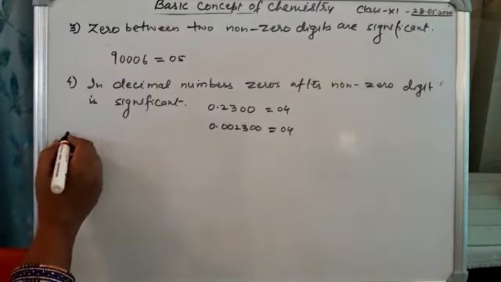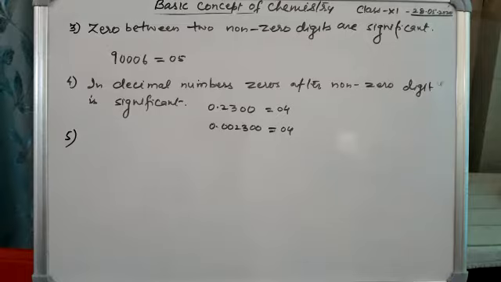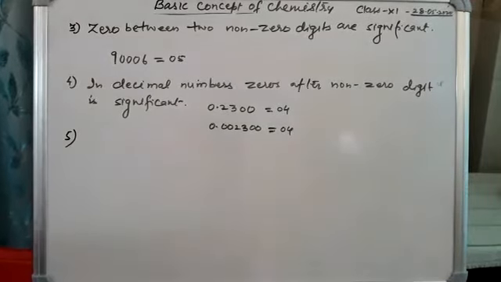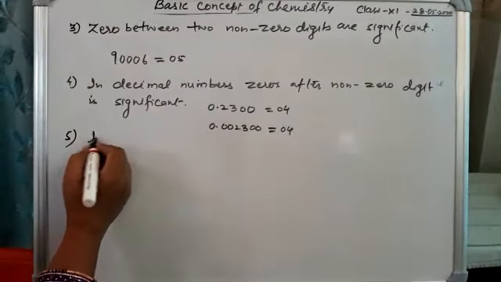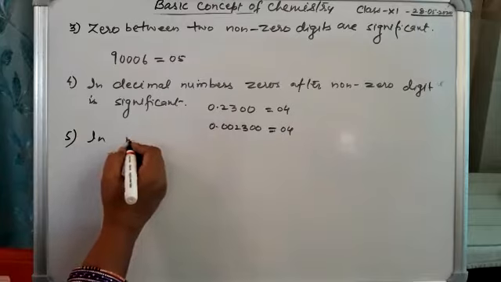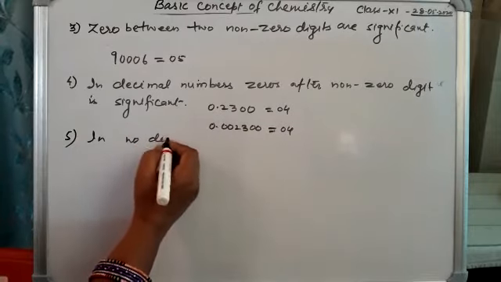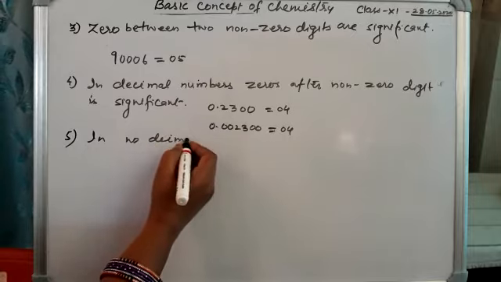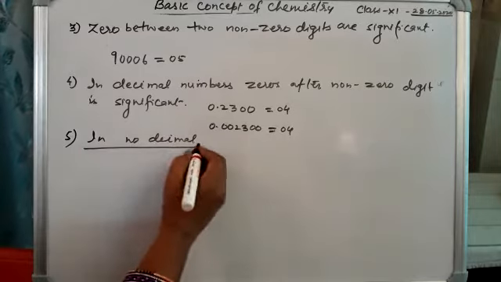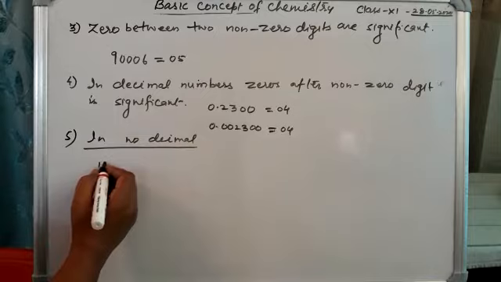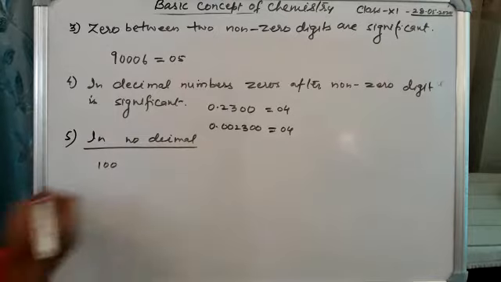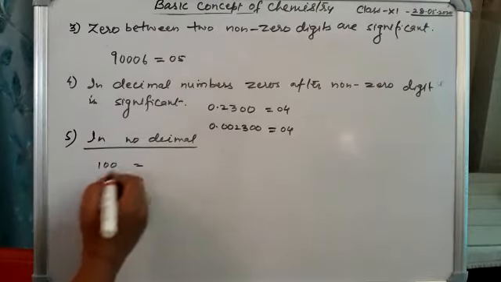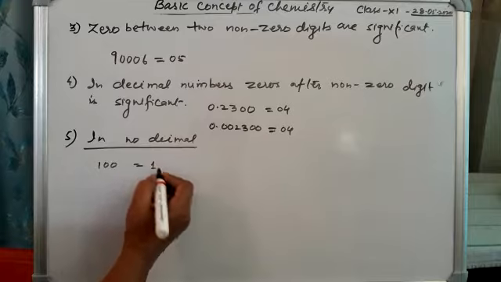Now next, if no decimal is present in the number, so if there is only 100, what will be the significant figures? Only 1.